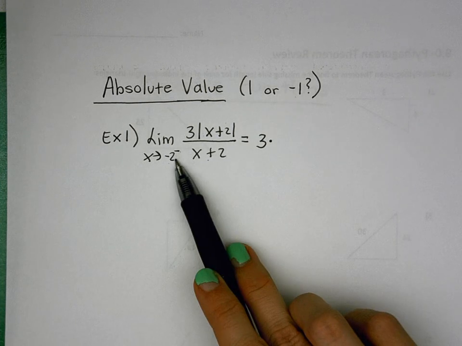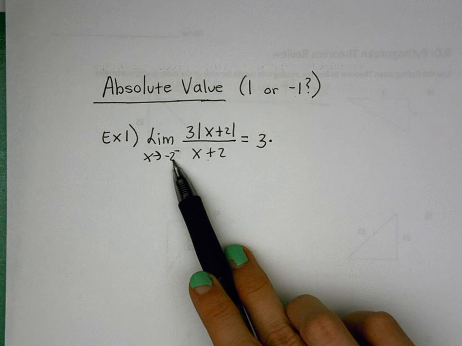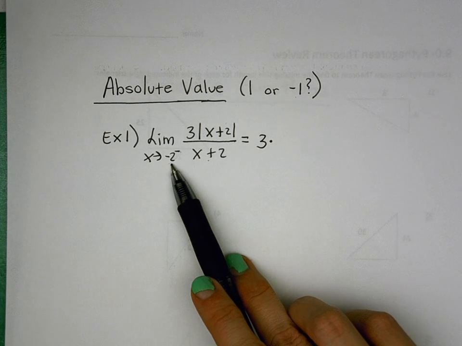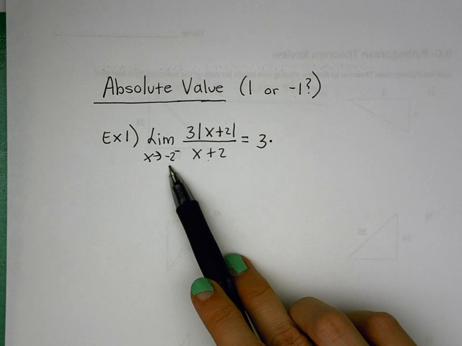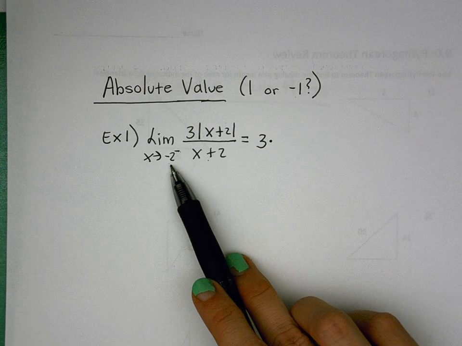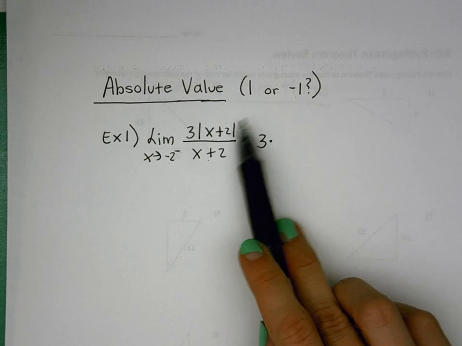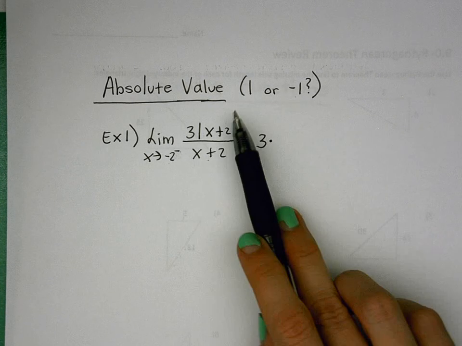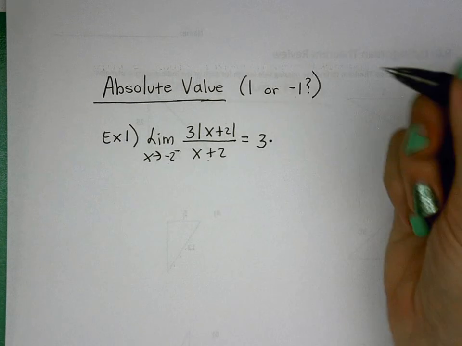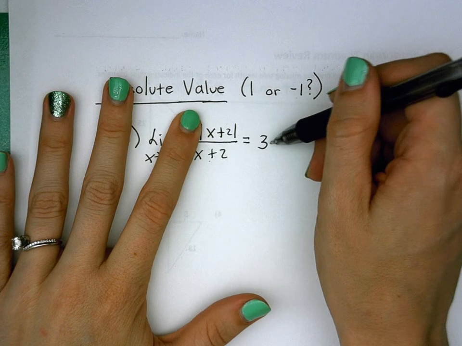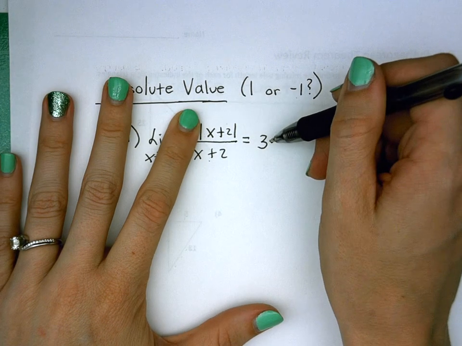Think of a number left of -2: -3, -4, -5, -2.1, right? Any number left will work because we're just testing. We aren't actually plugging in, we're just testing to see am I positive or negative, because I know I'm 1. I just have to figure out the sign. So I'm going to go ahead and plug in -4. I'm going to ignore this 3 for a bit, because it's hanging out, it's my coefficient.